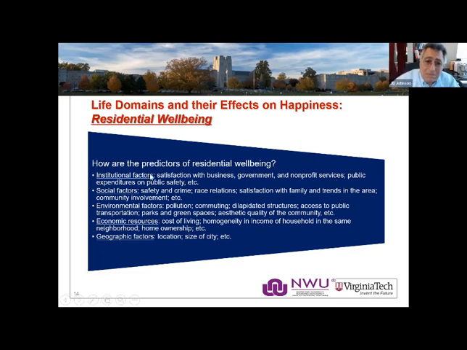Well, in some cases, we develop a composite index of residential well-being based on satisfaction with all the businesses in the community, all the government services in the community, all the nonprofit services in the community. And we come up with that composite index, and that becomes residential well-being. Well, in essence, these are predictors of the global judgment of satisfaction of housing, of neighborhood, of community at large.